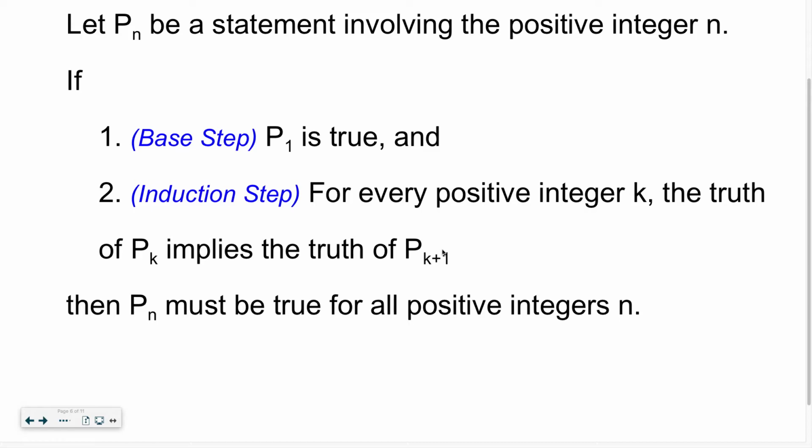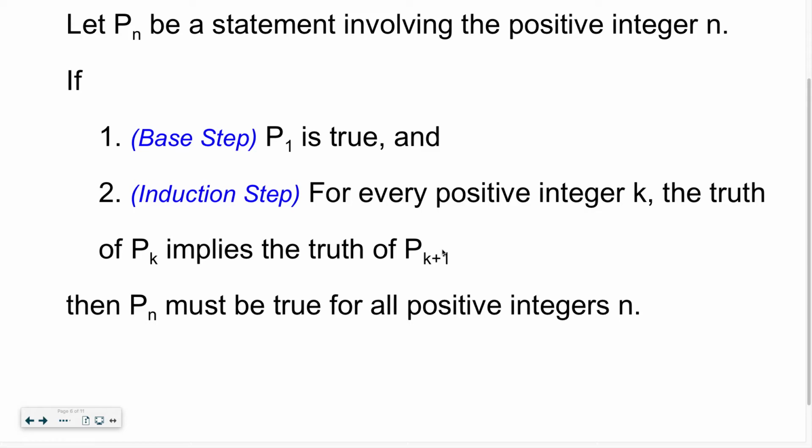Then the main work of our proof is proving that k implies k plus 1. That's your induction step. For every positive integer k, you're letting n equal k now, which is kind of weird because why would I make another variable equal another variable? We're just saying we can sub in any positive integer k for n.